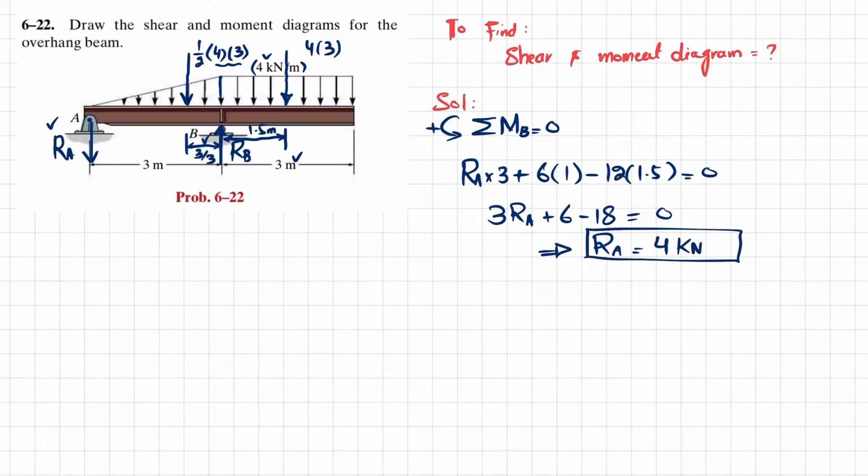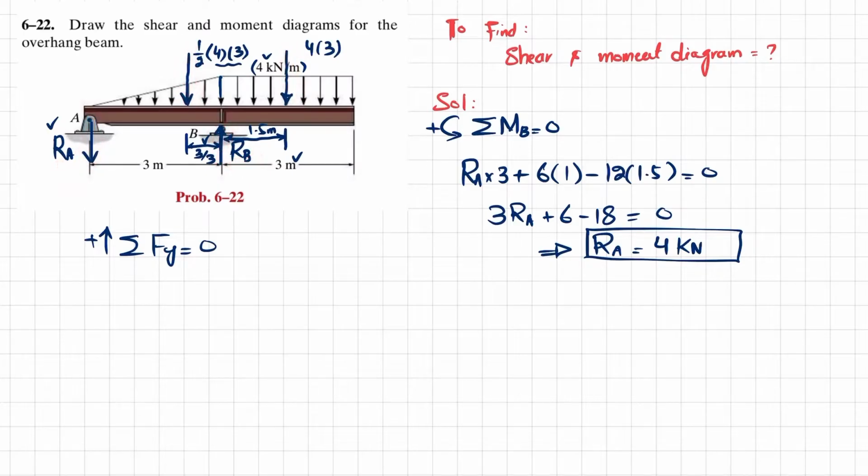Now that you have RA, you can also find RB. Sum of all forces along the y direction must be equal to 0, taking the upward force as positive. RA is downward, RB is upward, this force is downward and this force is downward.